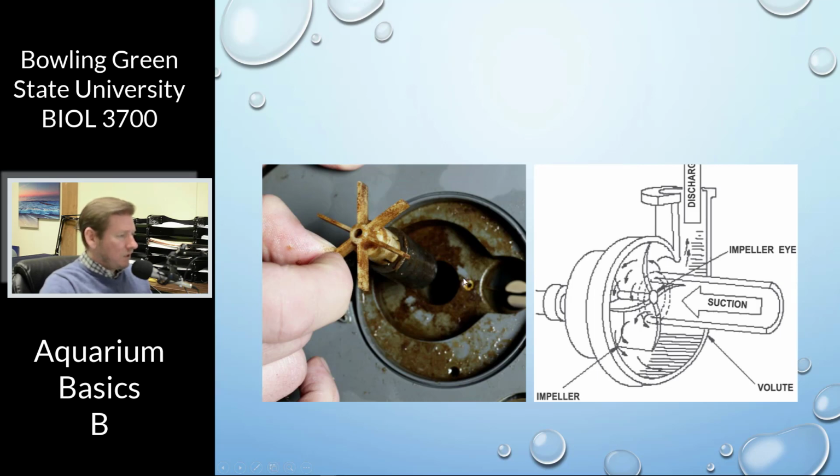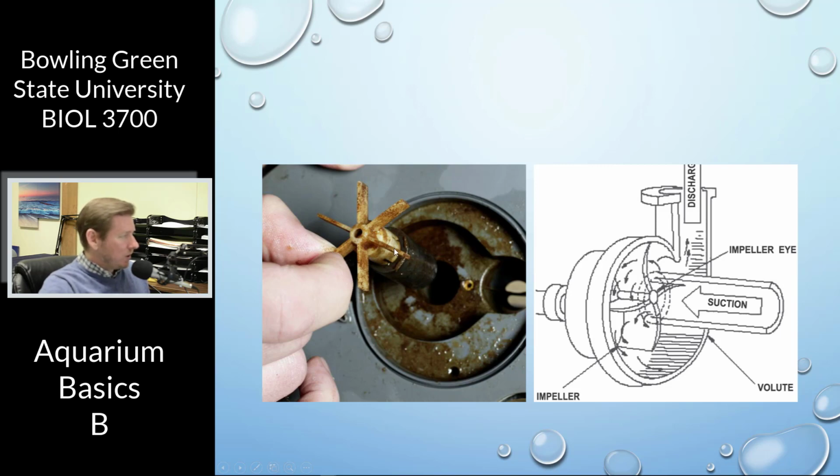One thing you need to know about these impellers and propellers is this magnet here can get covered with all kinds of gunk. This slimy stuff is not a big deal. It's just algae and detritus. You can wipe that out with your hands or a rag. This magnet right here will get covered with calcium and other deposits, which can make this thing stop turning.